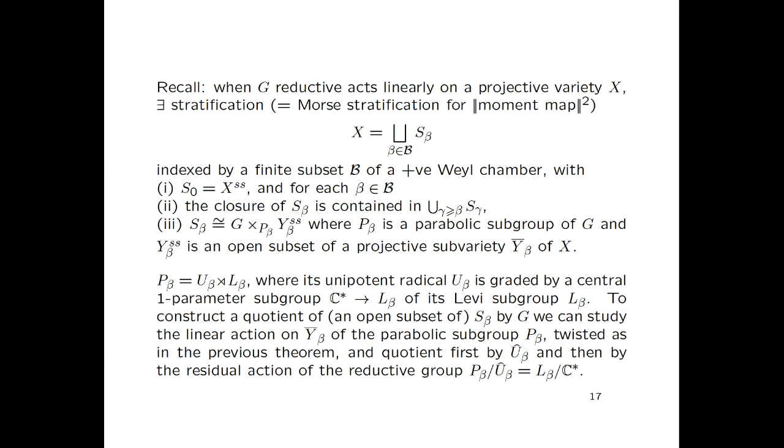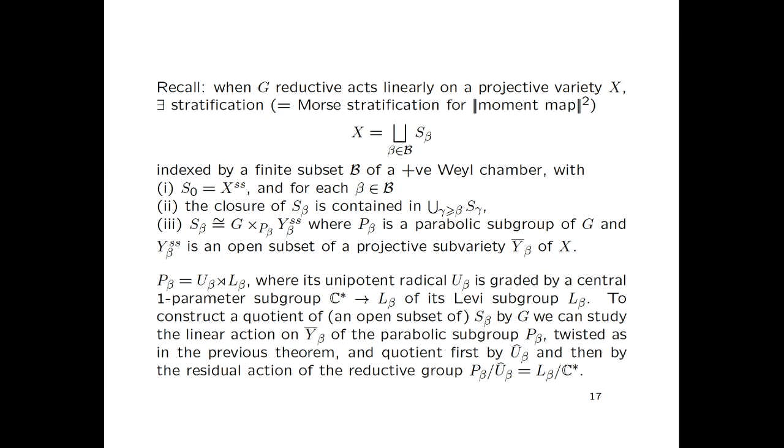So that means that if we want to quotient by the parabolic, provided that we have an appropriate twisting, then we can quotient first by the U hat, which is the unipotent radical together with this central one-parameter subgroup of the Levi.